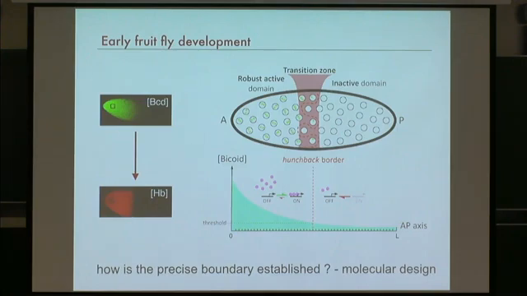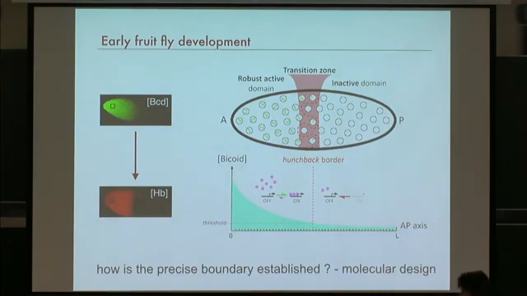But as you've probably heard ad nauseam, we're always surprised by the precision in development, and how precisely this boundary is established, and how it is implemented molecularly. And you're probably thinking right now, well, you've been hearing this talk for 20 years or however long you've been going to talks, and it's always the same talk, and how come they haven't solved it yet?